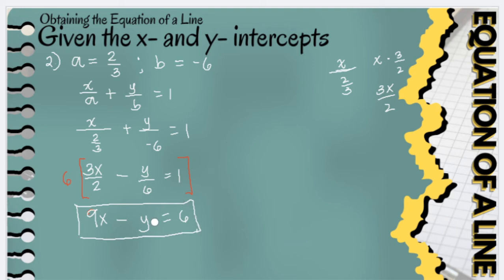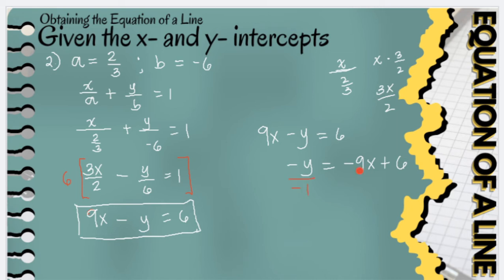Now, if you're going to transform this in slope-intercept form, we have 9x minus y is equal to 6. Using addition property of equality, we subtract both sides by 9x. Okay, so we have here negative 9x plus 6. And then to remove the coefficient of y, kasi may negative pa tayo dito, so that means meron tayong negative 1, diba?